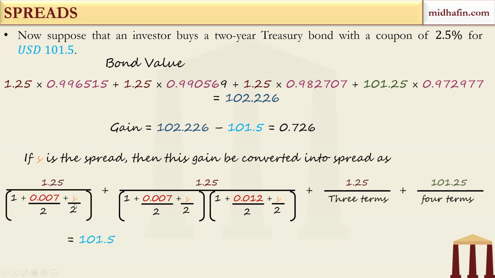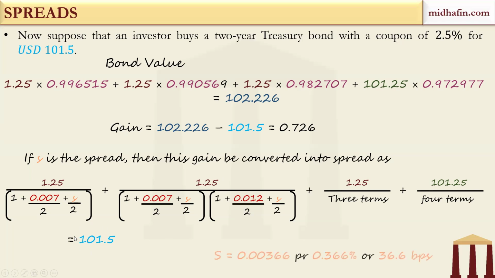Every 6 months, my spread benefit will be S by 2, and I simply add this S by 2 to all the forward rates. Here I have just written 3 terms, which means 3 forward rates are considered, and 4 terms, which means all 4 forward rates will be considered, just to save space. I hope you will understand. After making that adjustment for the spread, the price should equate to 101.5.